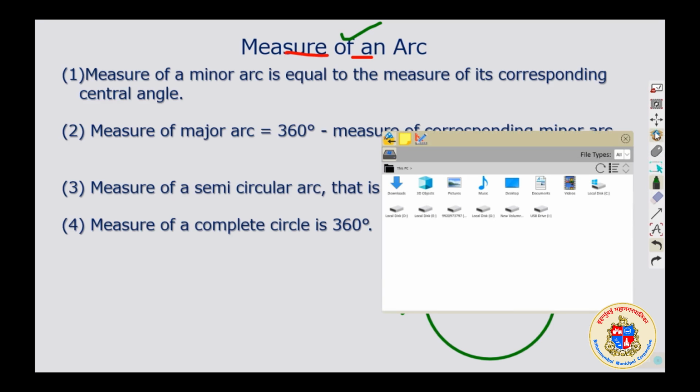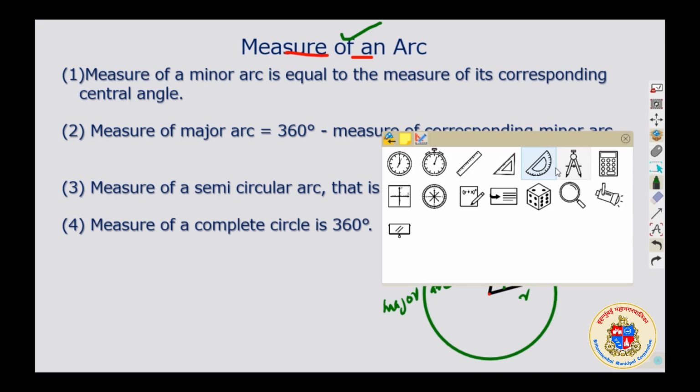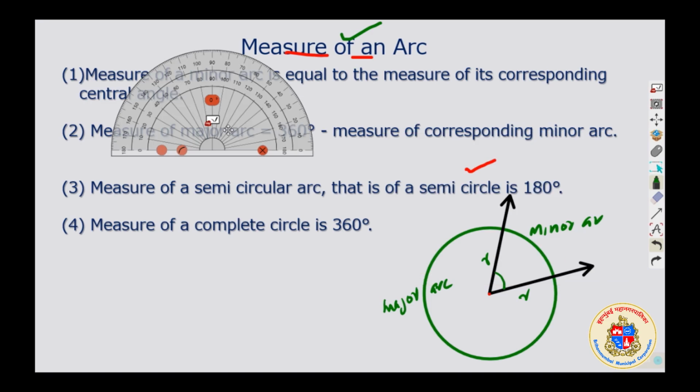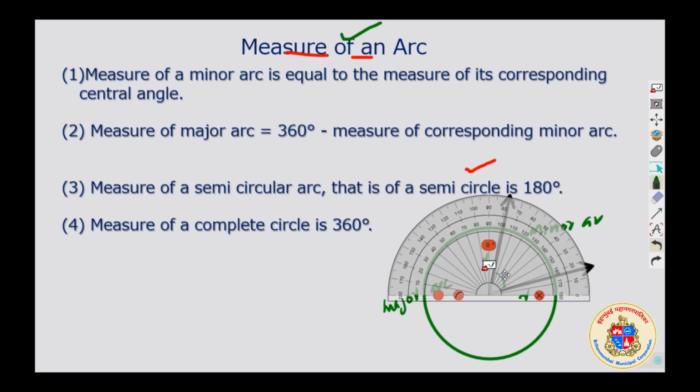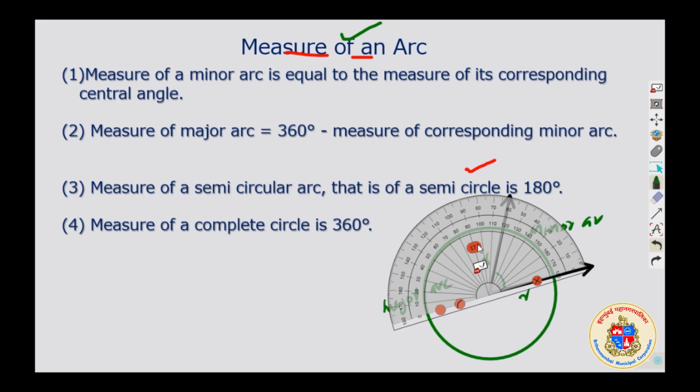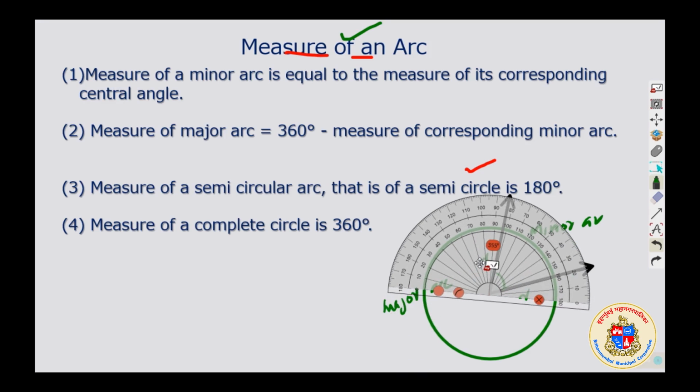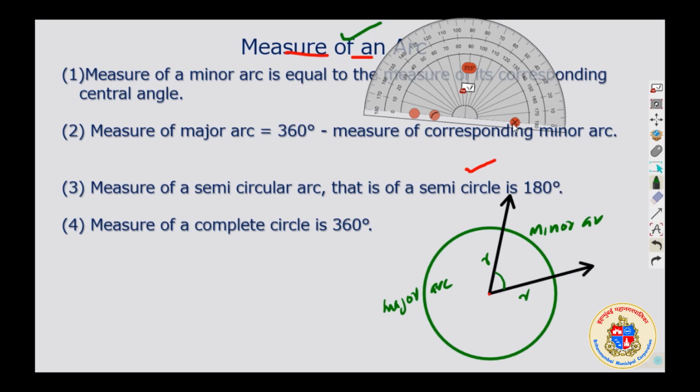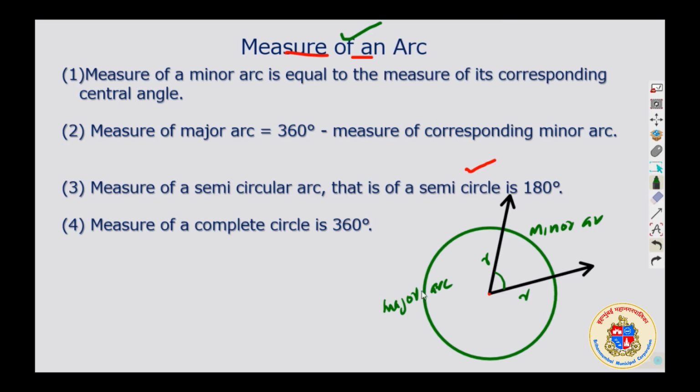That is the measure of the arc. तो हम सच्ची में कितना है देखने जा रहा हूँ. चलो. We'll take the protractor. Keep it here, and it is 60 degree. So the measure of this minor arc is 60 degree, and the remaining will be major arc, which will be 300 degree, because total degree around the circle is 360. Understood?